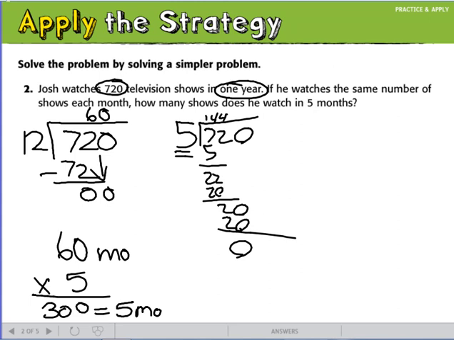Okay? Now, if the average month has 30 days in it, how many television shows is this person watching in a day? No, two.